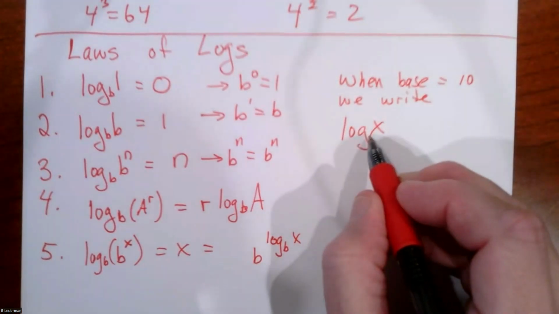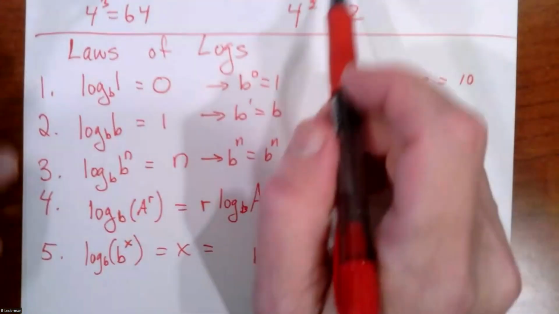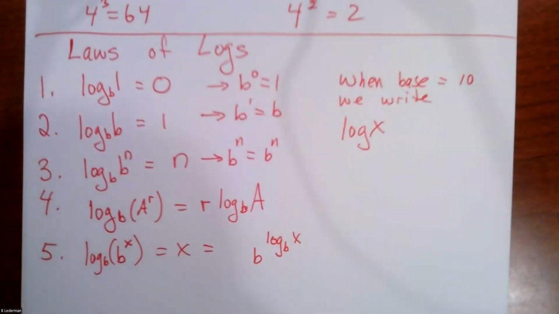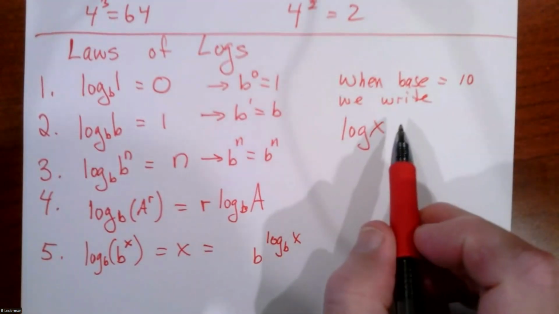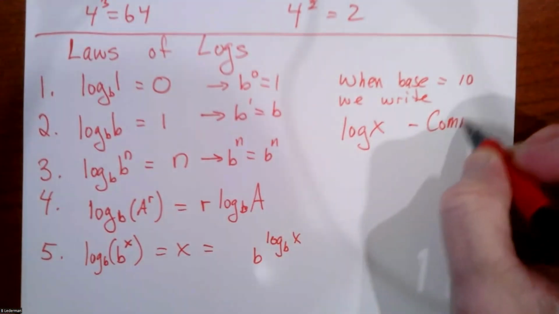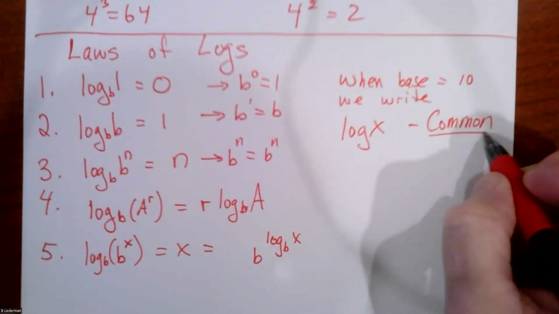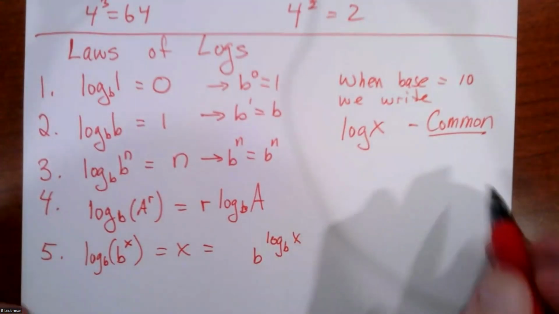We don't bother writing the base. Normally, you have to write the base so you know what number is being raised to a power. But since it's very common to use base 10, if you just write log x without the base, that means base 10.